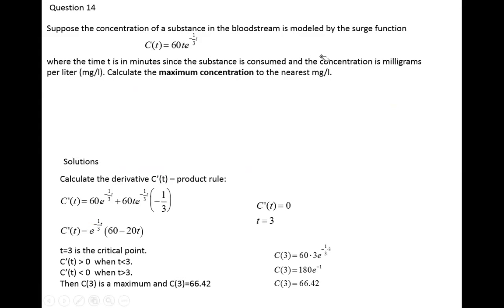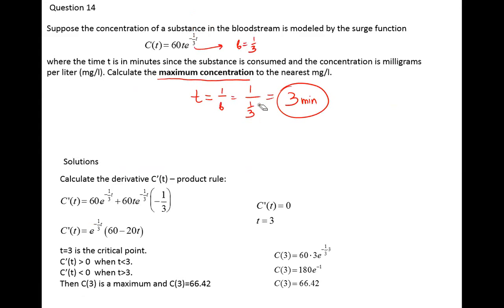Okay, maximum concentration. We know that the maximum concentration happens at the time t equals 1 over b, which of course is 3 minutes. This is of course b, I'm just repeating this. That's b, 3 minutes.